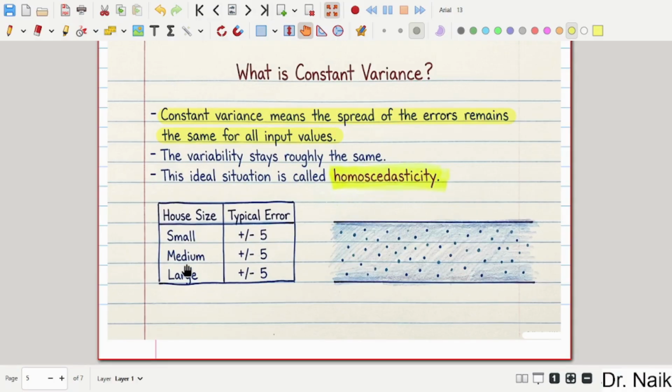Even for the medium house size, the typical error is between plus and minus 5, and for large house size the error is between plus or minus 5. So this is called a constant variance, because even for all the input values the error remains the same.